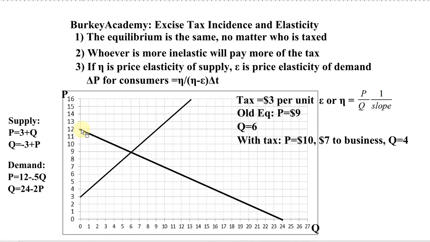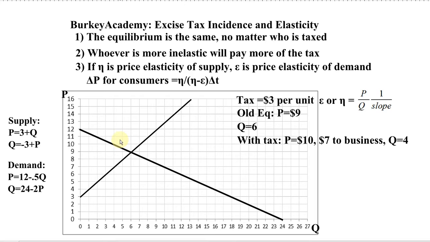Now, how do you do that and why? Well, the demand curve here represents the most a consumer is willing to pay for each additional unit. And so for the first unit, this consumer would be willing to pay $11.50. The second unit, the consumer is willing to pay $11. For the fourth unit, willing to pay $10.